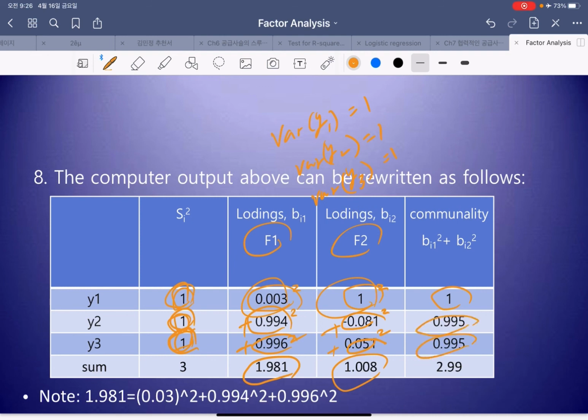And remember that we want to find factor loadings which make this one as close as possible to this. In this case, they are almost the same.